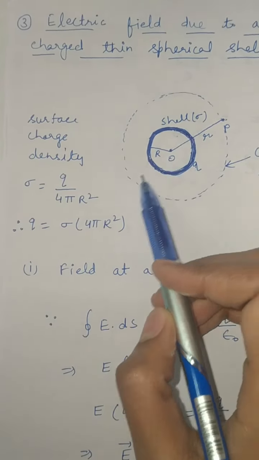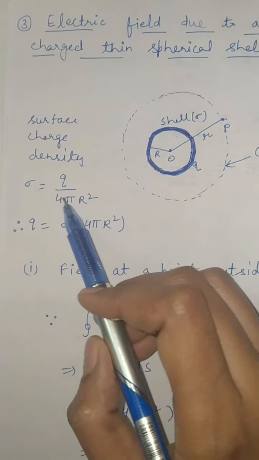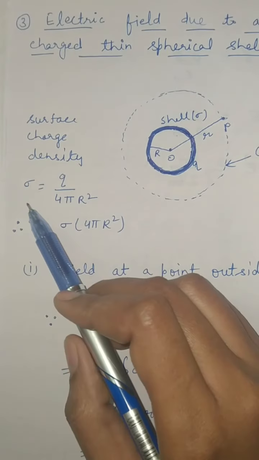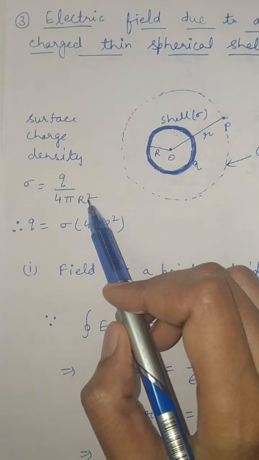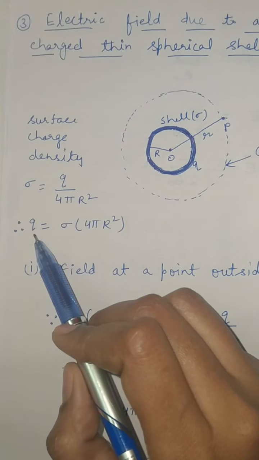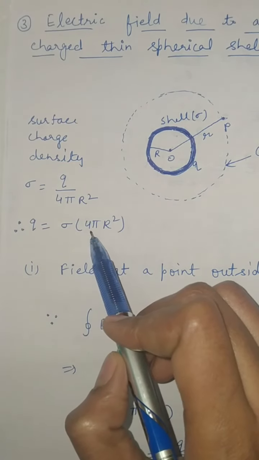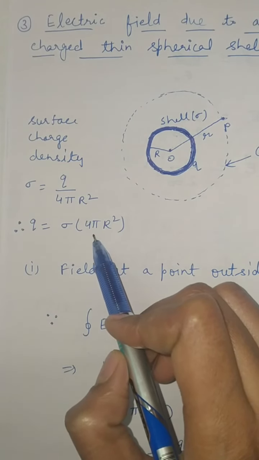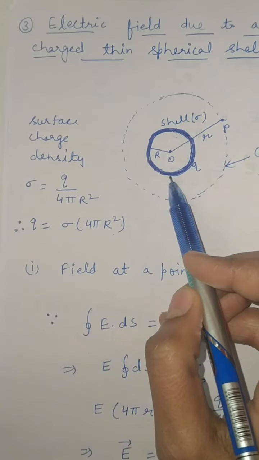The area of the shell will be 4 pi r square, where r is its radius. So the surface charge density on the shell is defined by this formula. With the help of this formula, we can calculate the charge on the shell. That will be equal to sigma multiplied by its area, 4 pi r square. So this is the charge on this shell.